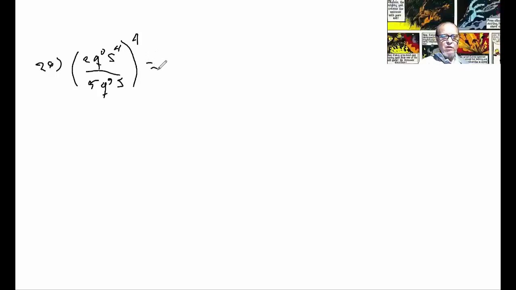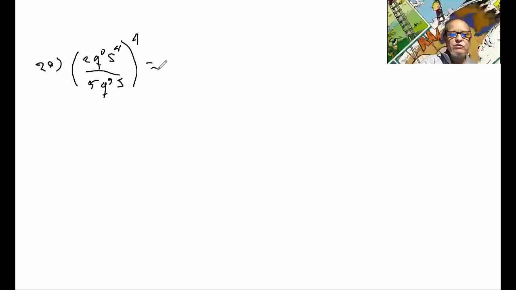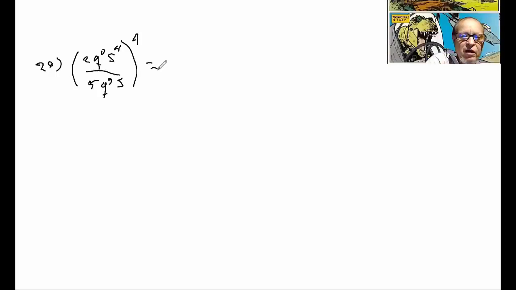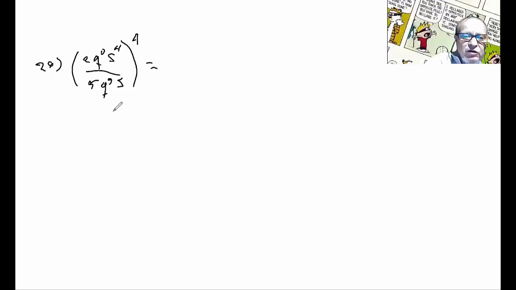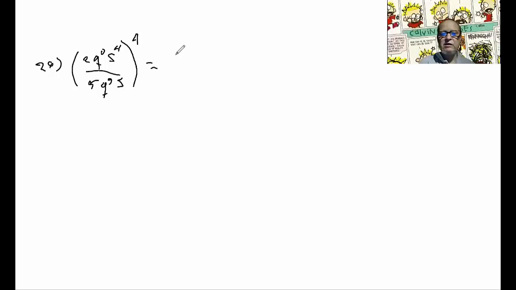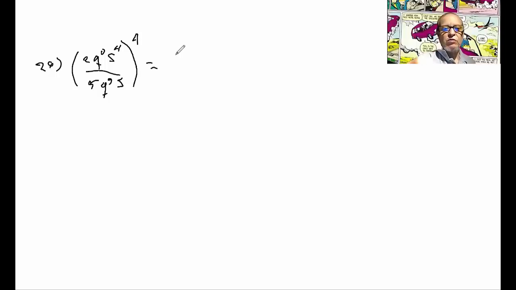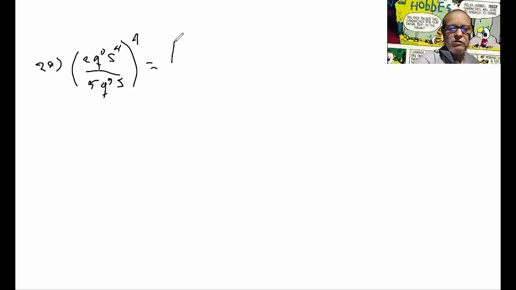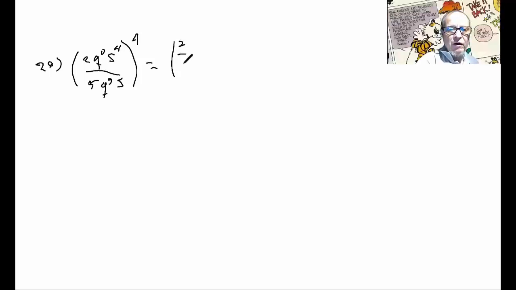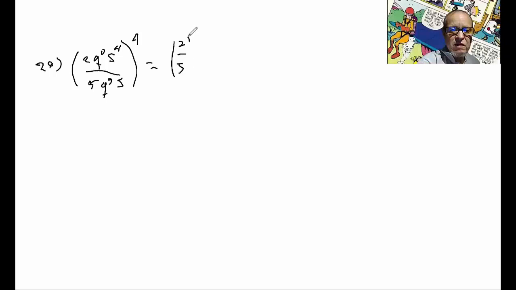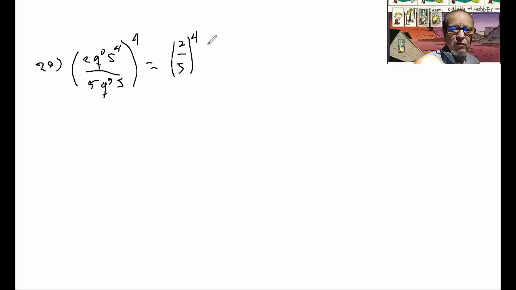So what I'm going to do is what I usually do, I'm going to put my constants or my numbers, my variable, my q's, and my s's in different brackets and bring them all to the 4th power. So I start out with my 2 over 5, and I'll put that to the 4th power.